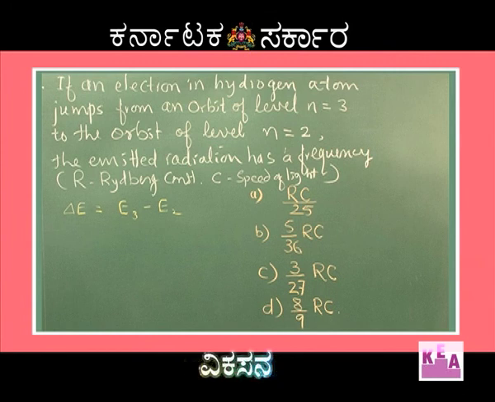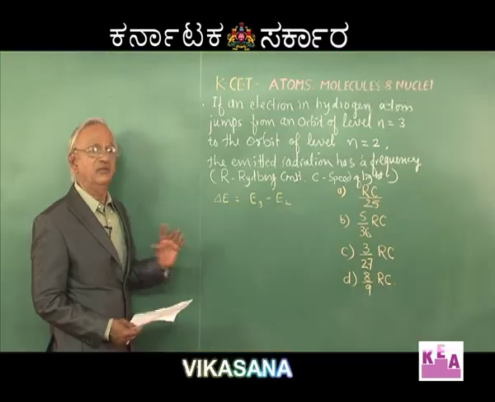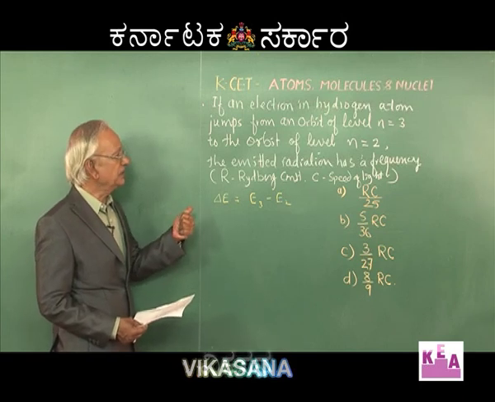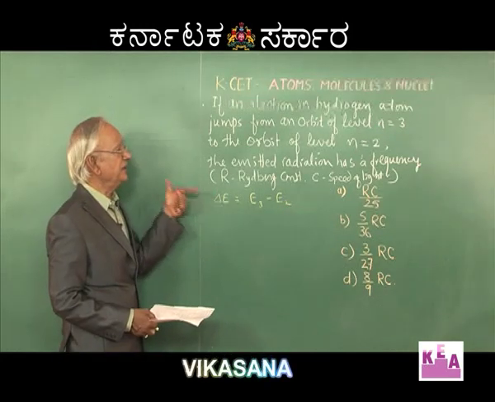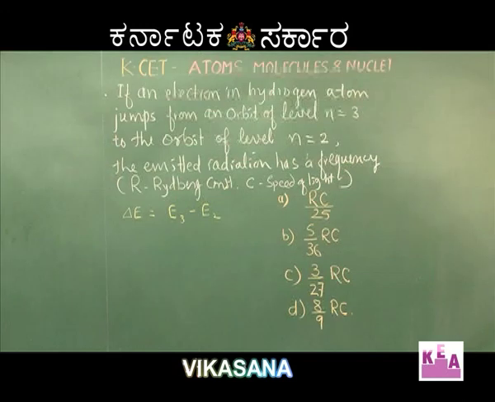Now in the case of such questions, you cannot come to the right answer unless you know the expression very well. Otherwise you can work it out very fast. The energy that is liberated due to the transition from n equal to 3 to n equal to 2 can be written as delta E equal to E3 minus E2.